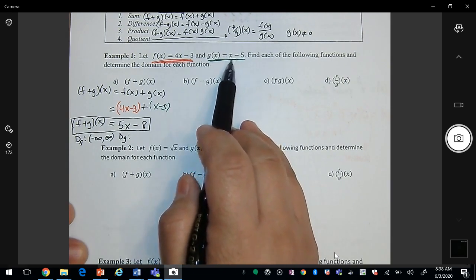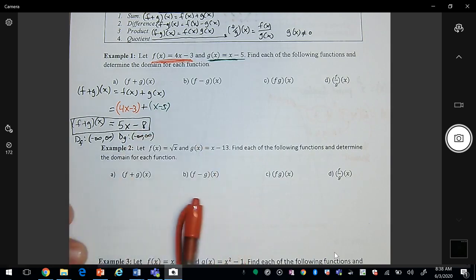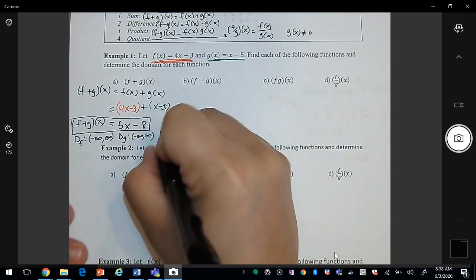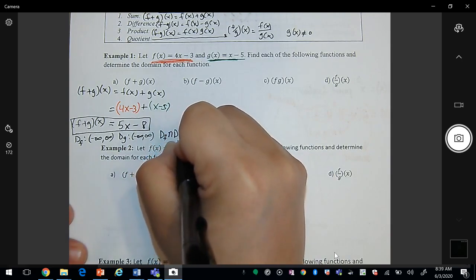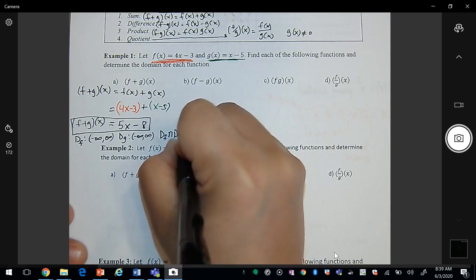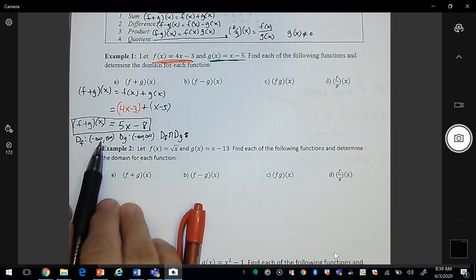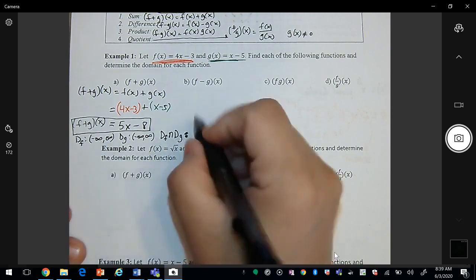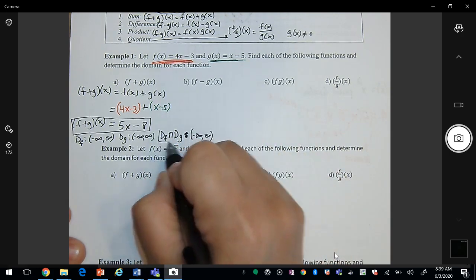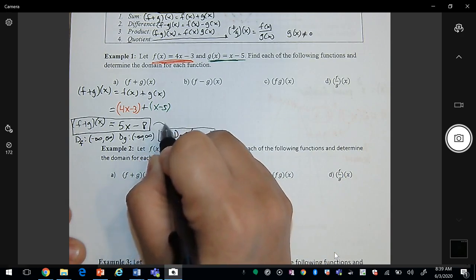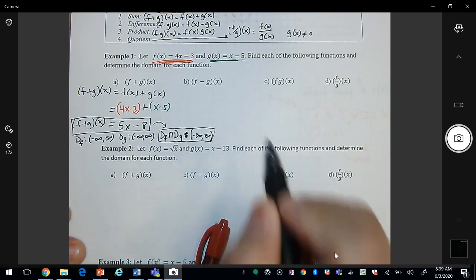It's a line, so the domain would be negative infinity to positive infinity. So the intersection of these two domains, basically what does this have in common with this? And they have everything in common. So the domain of this function here is negative infinity to positive infinity.